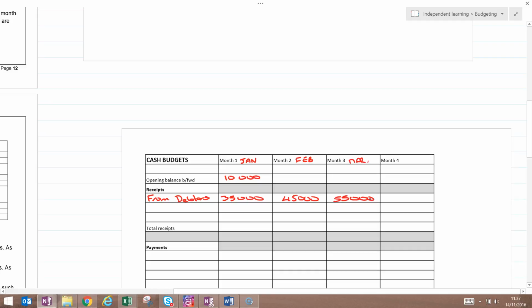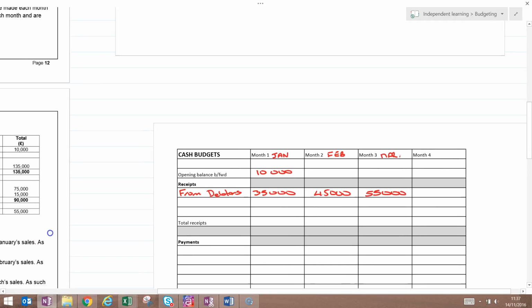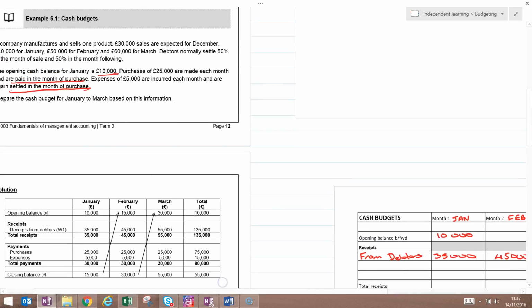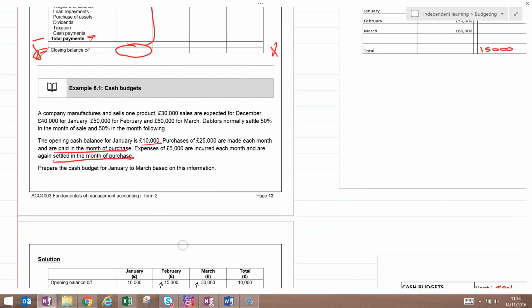Now let's go back to the question and see what else we can put into the cash budget. So we've dealt with the receipts. We've put the cash balance in. We're told purchases 25,000 made each month and paid in the month of purchase.